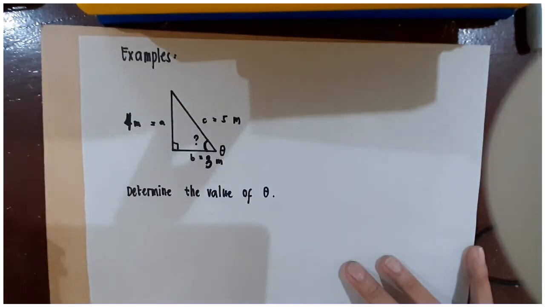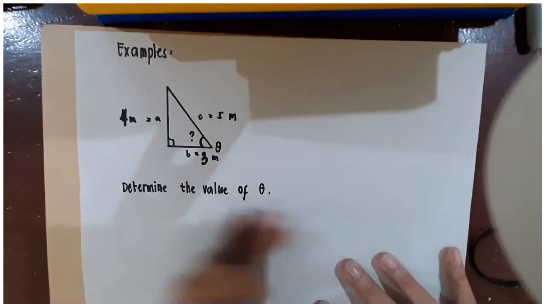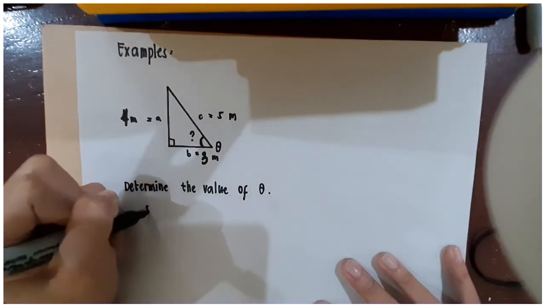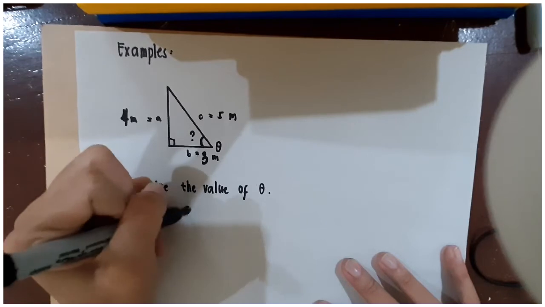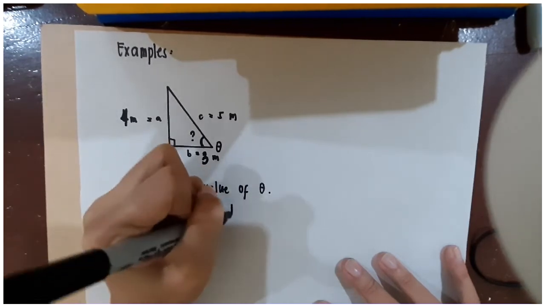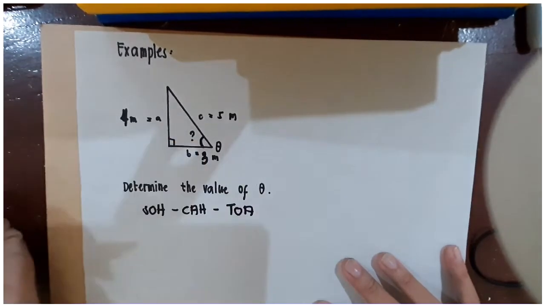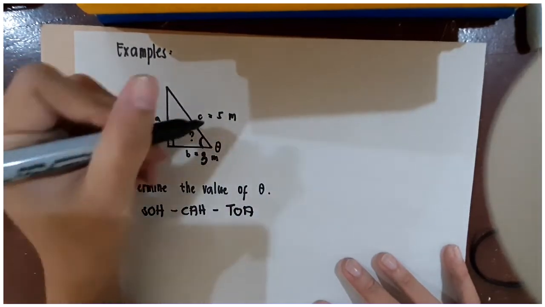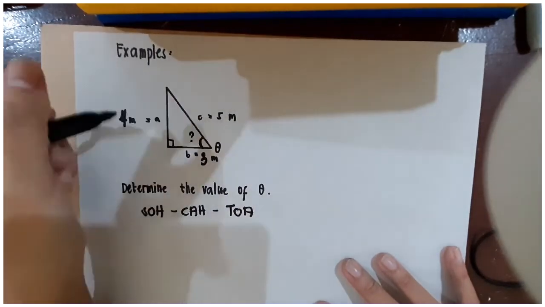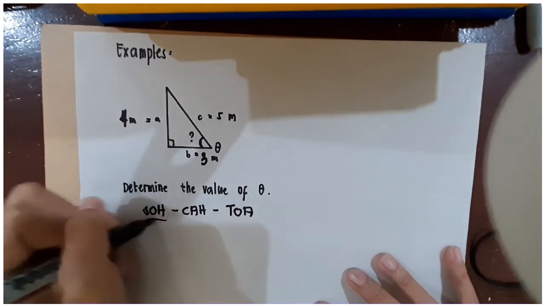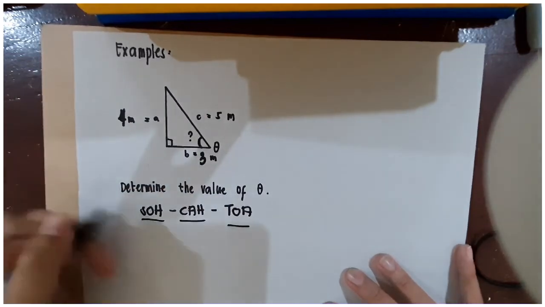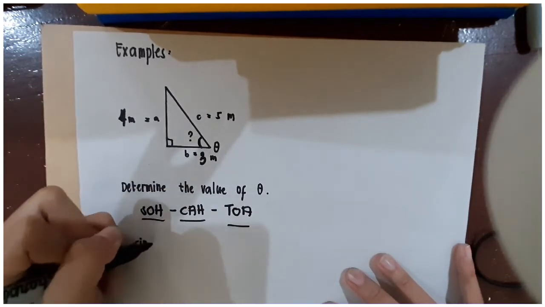We'll call this angle theta. Okay. So we can use your SOH, CAH, TOA. Okay. Since given all the sides, or we have values for all the sides, we can use either of these 3.